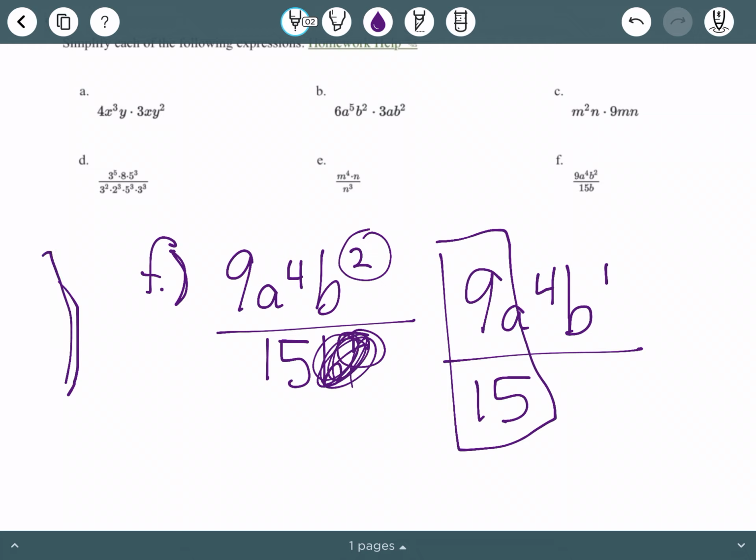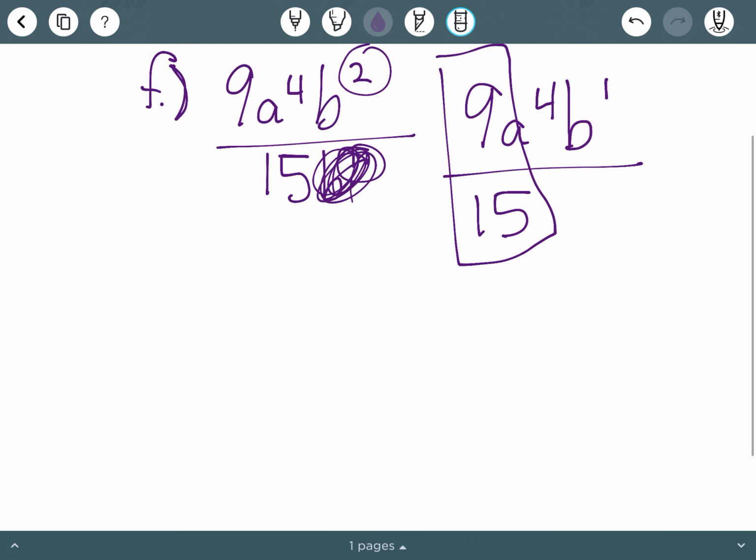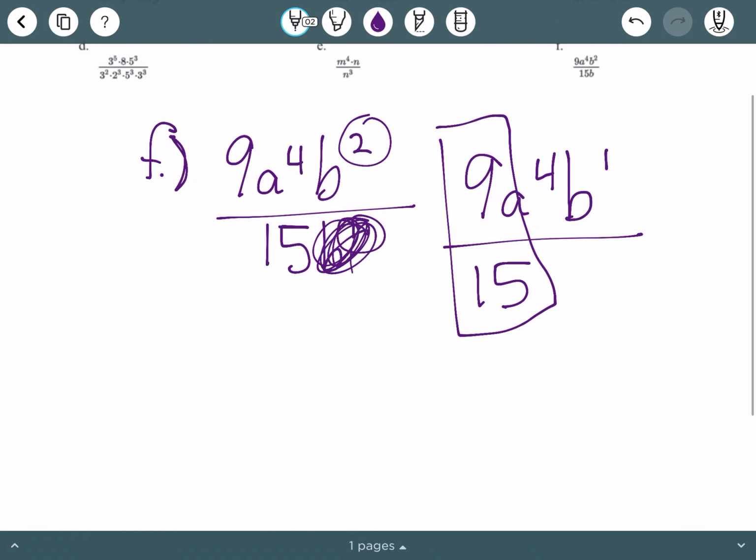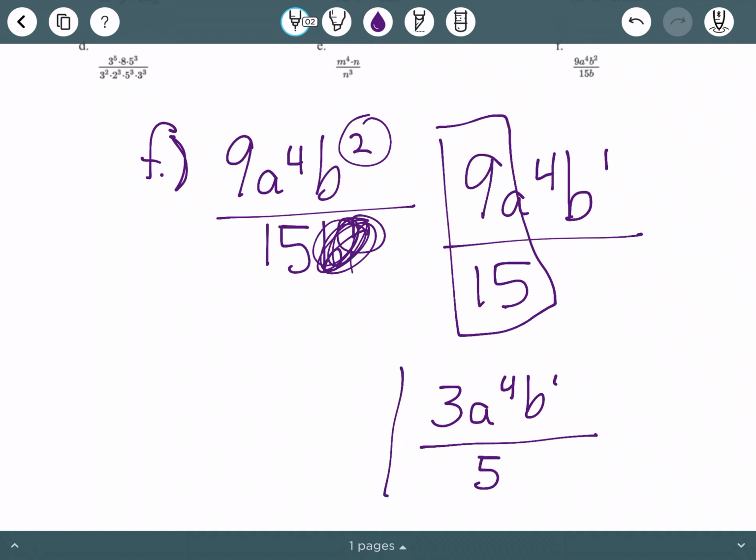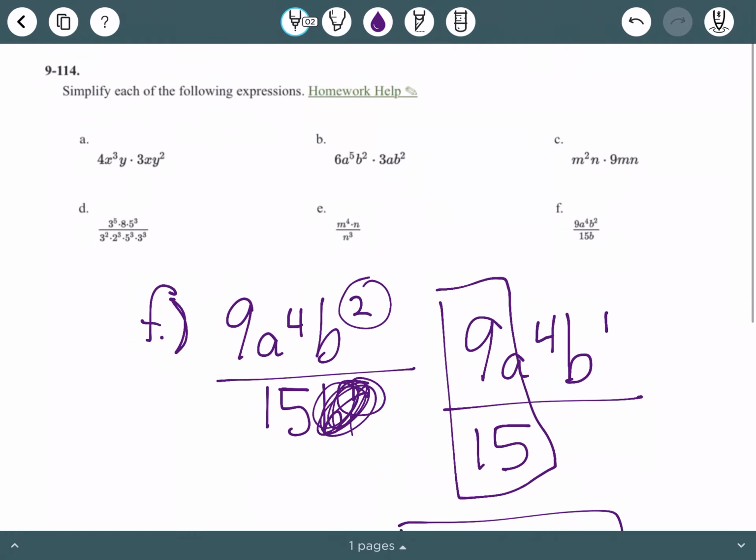So my 9 simplifies to 3. Now don't forget to include the rest that was on top, so a to the fourth, b to the first. And then 15, remember, becomes 5 on the bottom. Okay, and that is all we have then for part F, which means we are finished with this problem.